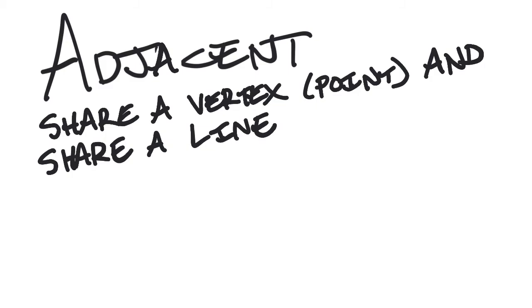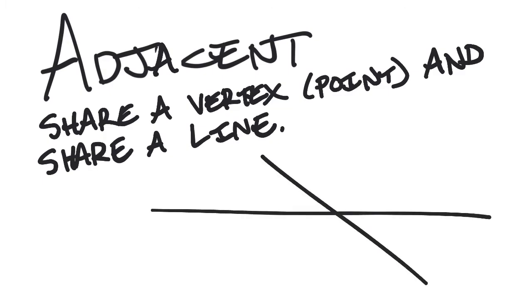Another way to say adjacent is just that they're next to each other. If I got two lines like this, then it is possible to say that this angle, whatever it is, and this angle, they are adjacent because they share this point and this line.